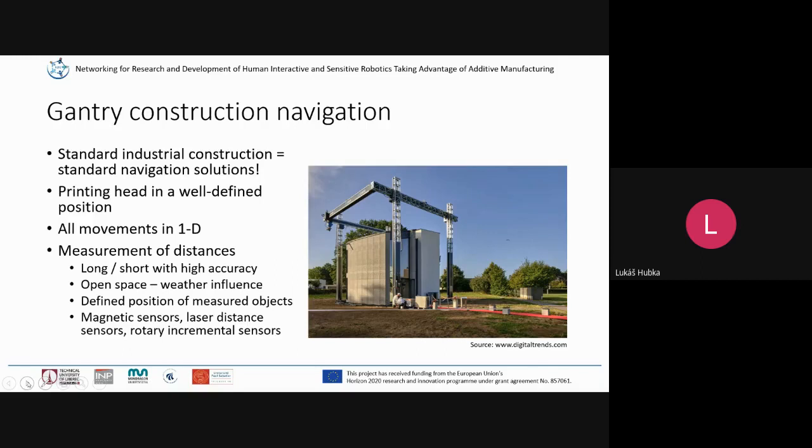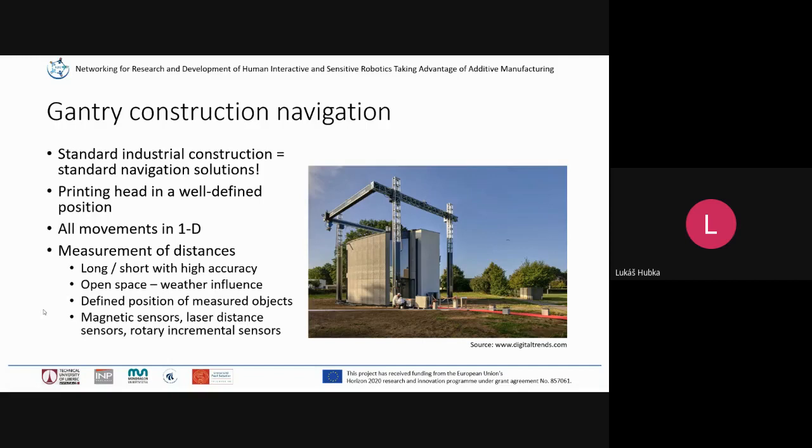The first is the gantry construction. The gantry construction is using some standard navigation solutions, because it's also a standard industrial construction. You know it from cranes, for example, and so on.